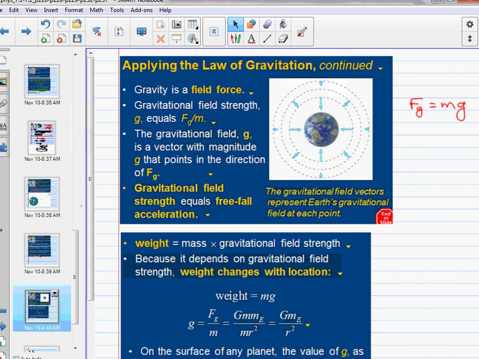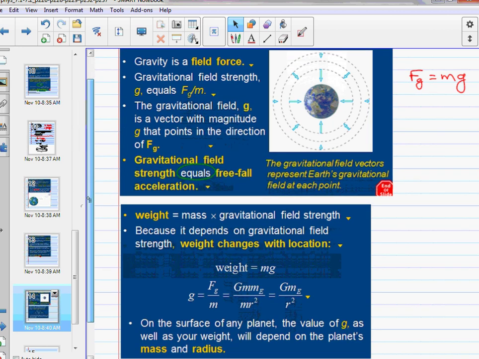They're actually two different concepts. The strength of the gravitational field and the acceleration due to gravity are two different concepts, but they are exactly equal to each other in magnitude and number. They both are 9.81, to three significant figures.